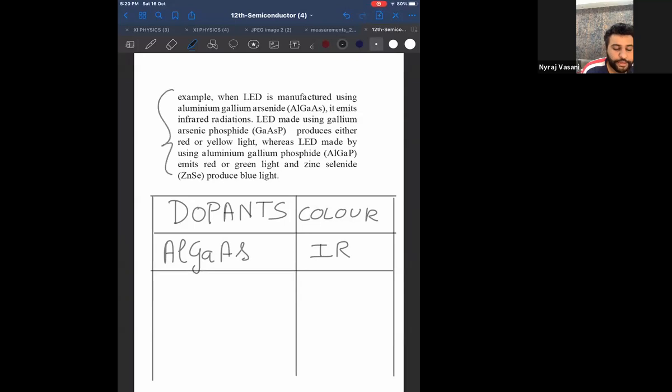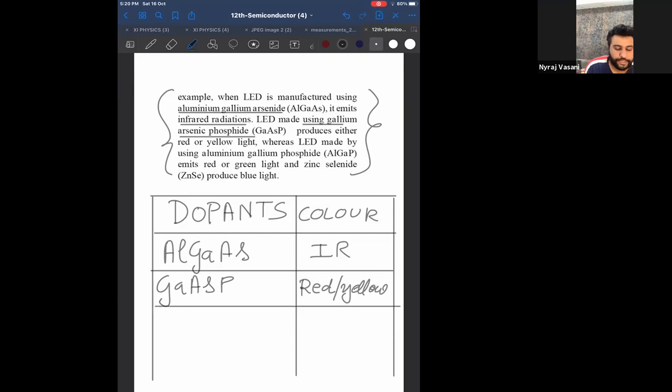Now, depending on the dopants that you put in an LED, you get different colors. That is written here, but I will make a table for you, as it is easier to remember in the form of a table. For example, if I use aluminium gallium arsenide, it emits infrared. LED made using gallium arsenic phosphide produces either red or yellow.